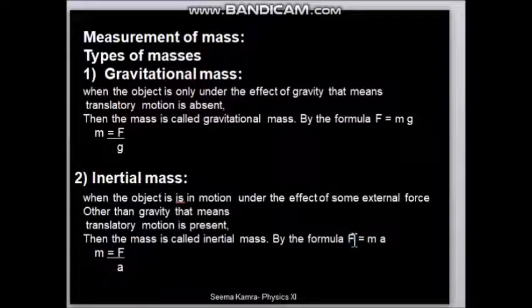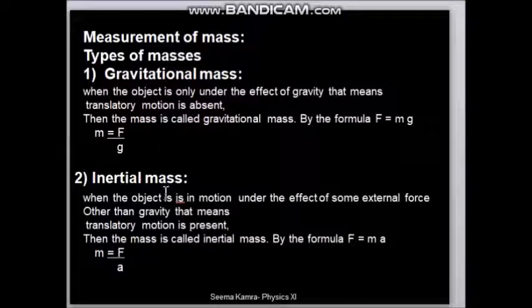So using that external force due to which that object is moving and using that acceleration, F by a gives also the value of the mass of the object. So now because the mass is measured under the condition of objects moving on the road, that mass is called inertial mass.